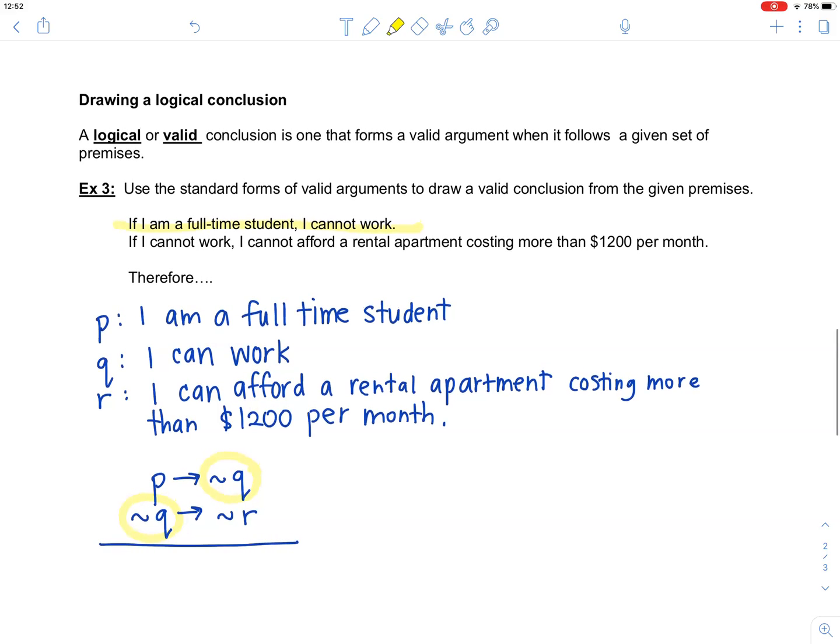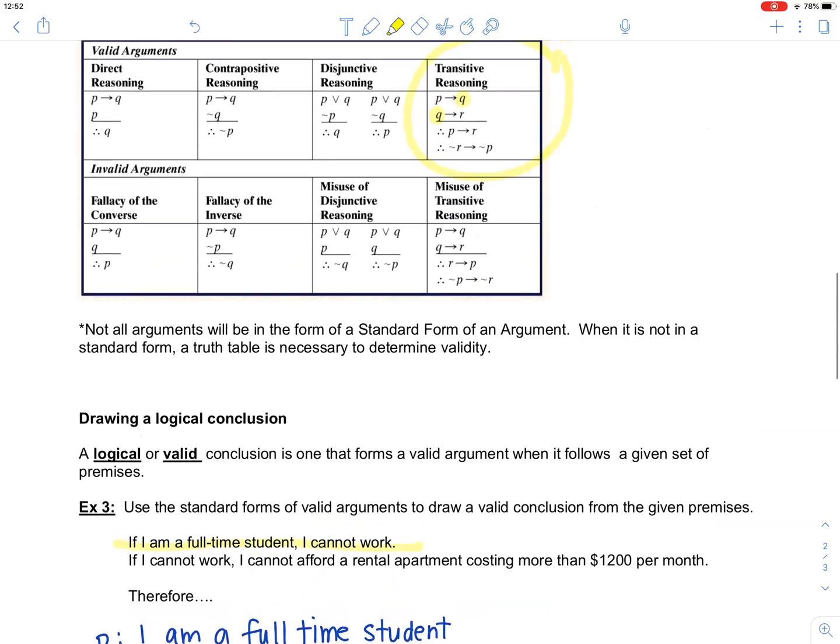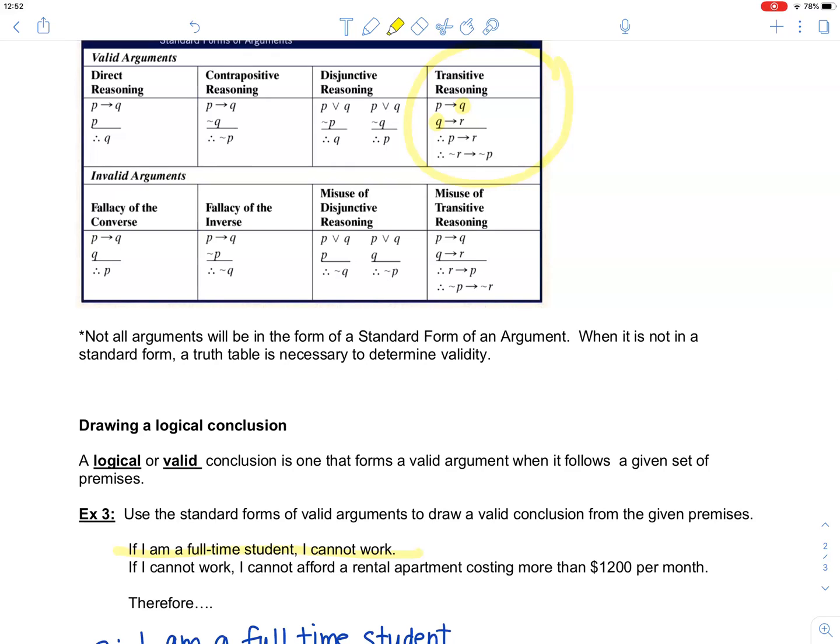You're looking at the pattern. It's the idea that the consequent of the first statement and the antecedent of the second statement match. And so either one of these conclusions would be valid. Notice you're just taking the antecedent from the first and then the consequent from the second.